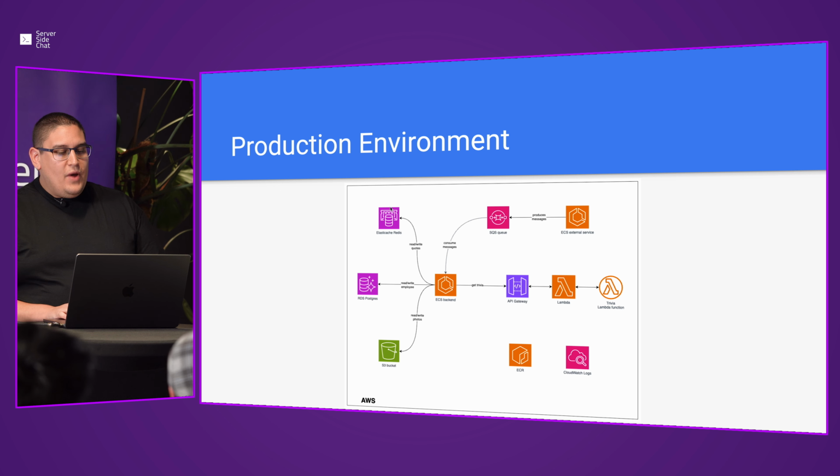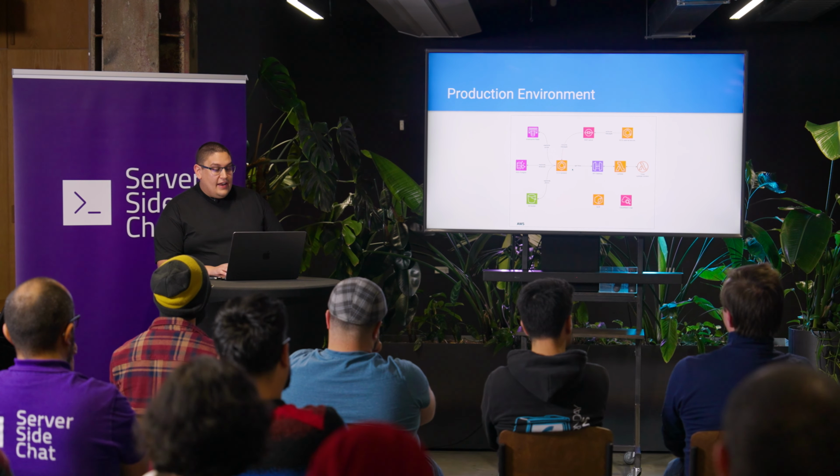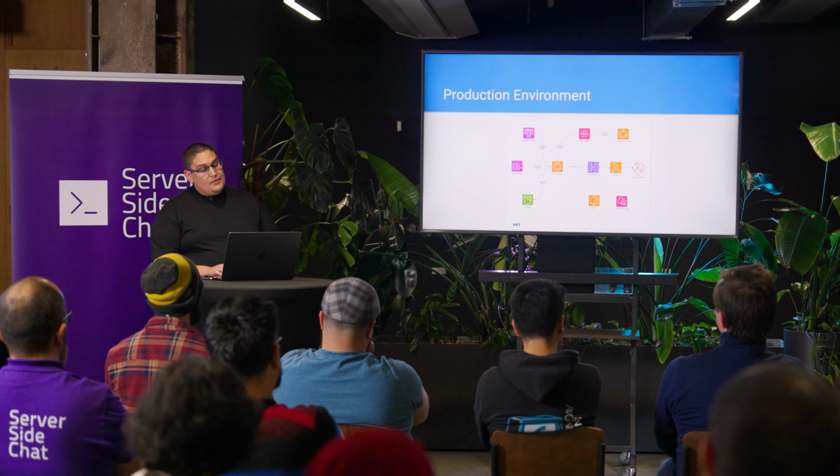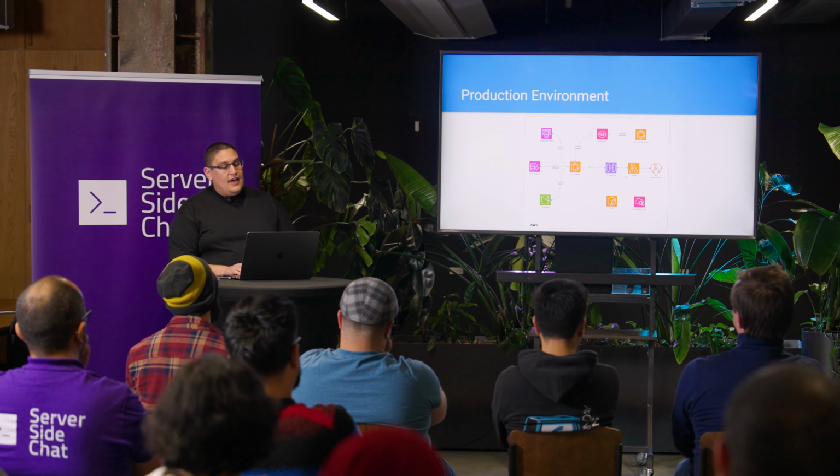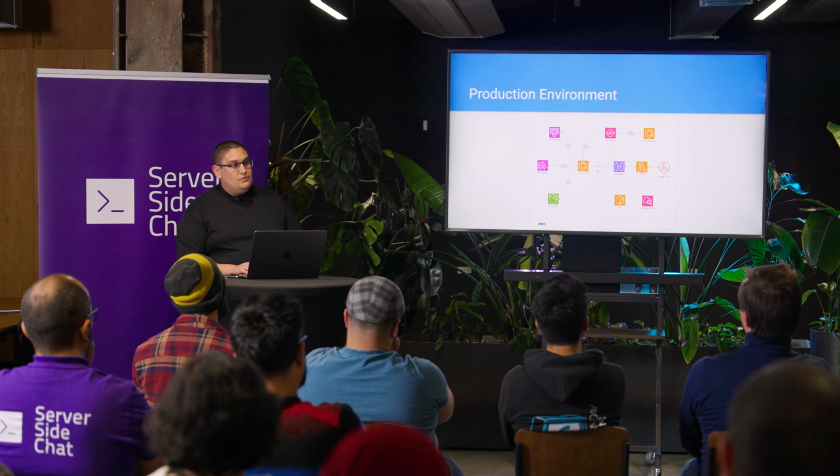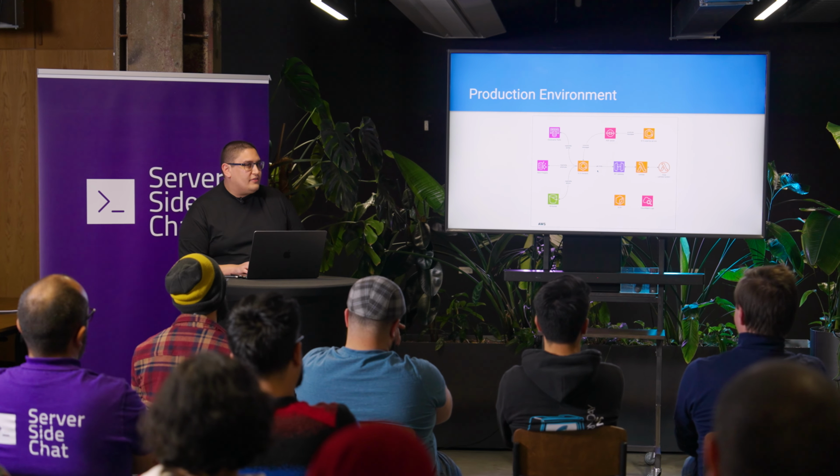There is an external application producing to this queue. And we are also calling a Lambda function, acting as an external application, to return the trivia about that character for us.